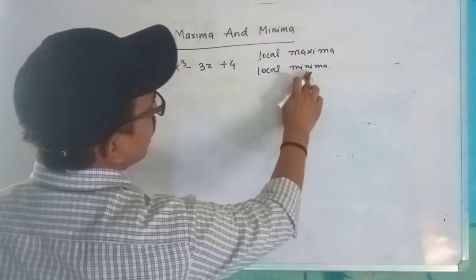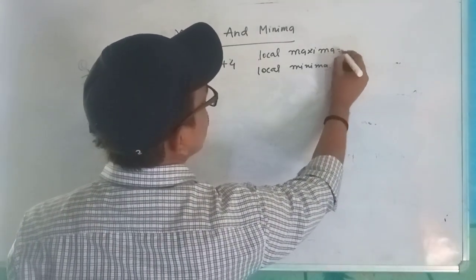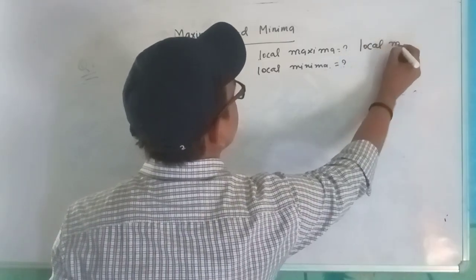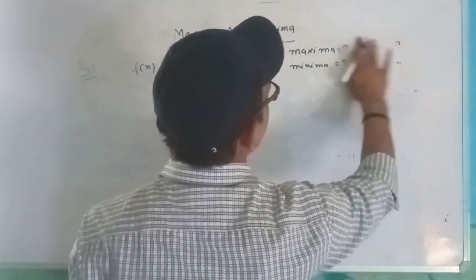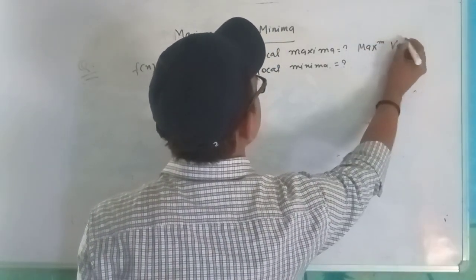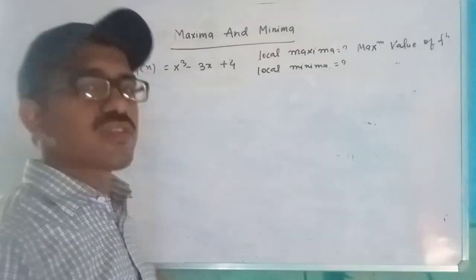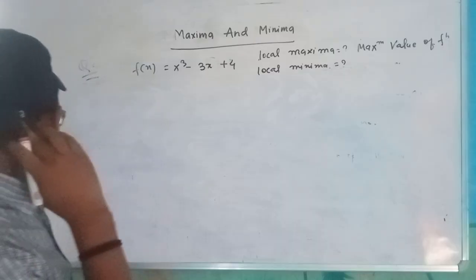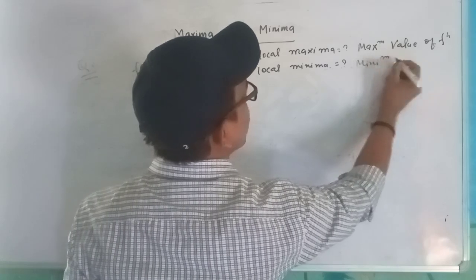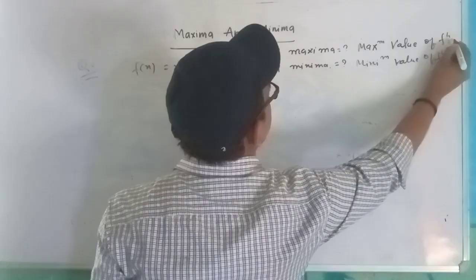And based on this, we will also find the maximum value of the function and the minimum value of the function. Okay, so ignore the sound in the background. We try it.